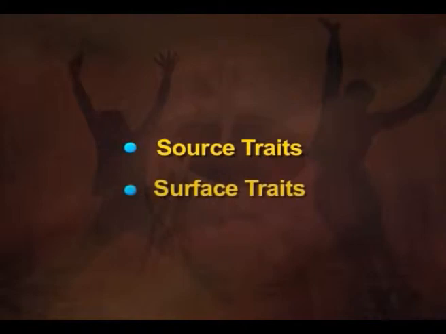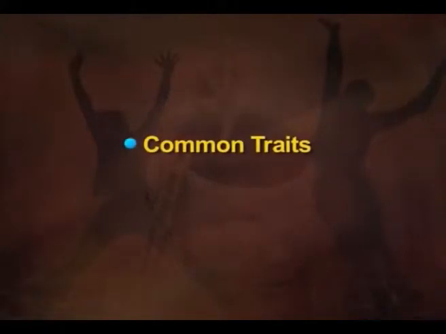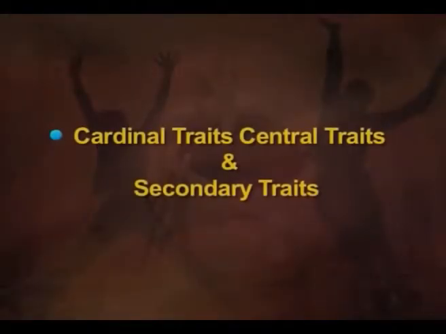Allport and Cattell have been associated with this theory and made it very popular through their assumptions and observations. Cattell classified traits into source traits and surface traits, while Allport said personality can be classified into common traits and unique traits. Apart from that, he also classified traits into cardinal traits, central traits and secondary traits.